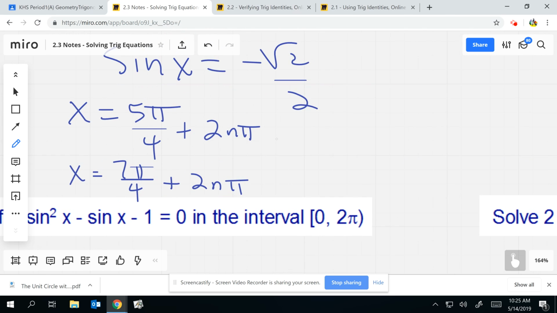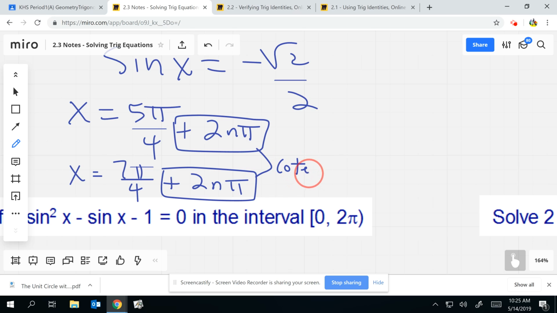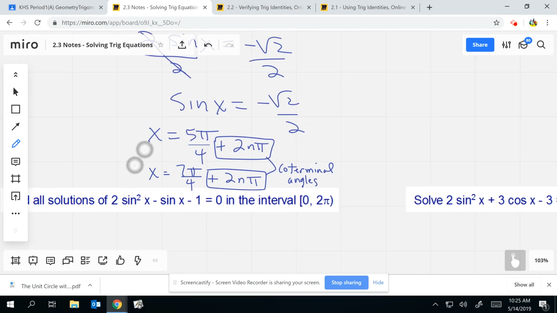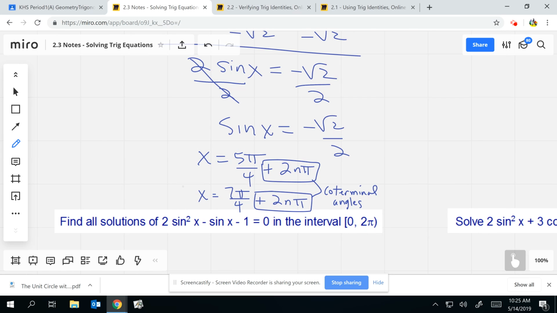So in other words, this right here and this right here are just giving us the coterminal angles. It's basically saying that any of those coterminal angles will have the same value, negative radical 2 over 2. If I added 2 pi to 5 pi over 4 right here, it's still going to have the value of negative radical 2 over 2.